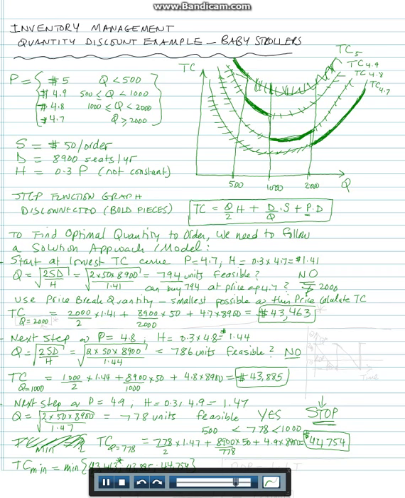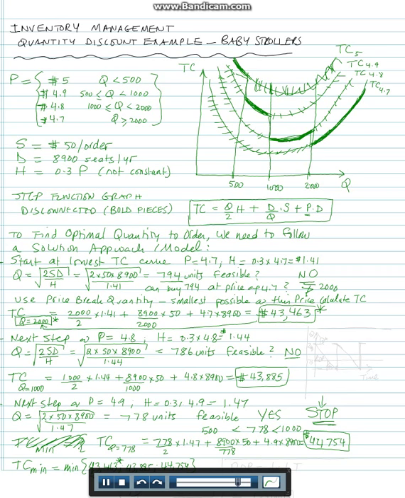So the absolute minimum total cost, TC star, is 43,463. That's your optimal annual inventory cost. Which quantity did I use to calculate this total cost? I have to backtrack and see. It looks like I used Q equals 2,000.